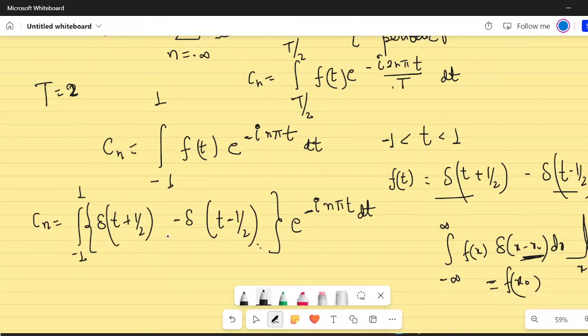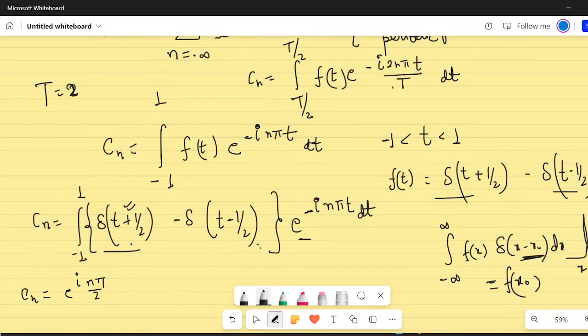So if I do the first integration, I will simply get e to the power of iota n pi upon 2, basically at t equal to minus half.